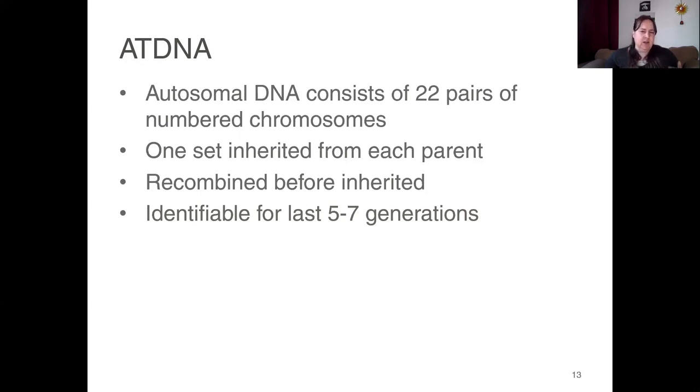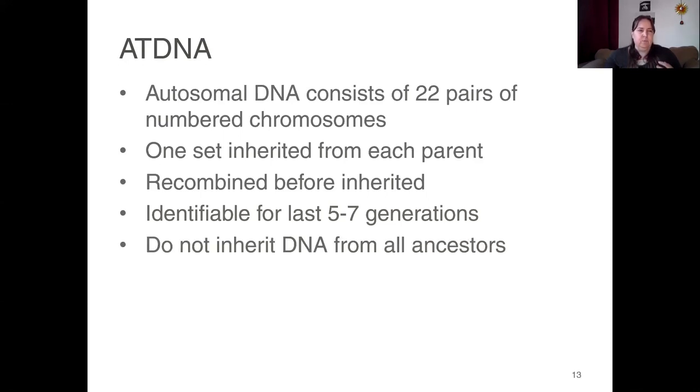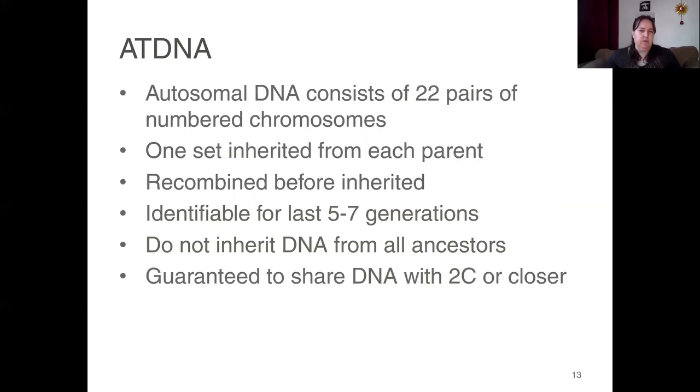But beyond that, it's a lot harder to use for genealogy purposes. Because of statistics, because you're only getting half of the DNA at each generation, you cannot actually inherit DNA from all of your ancestors, going back hundreds and hundreds of years. So some of your ancestors do drop off your genetic tree.